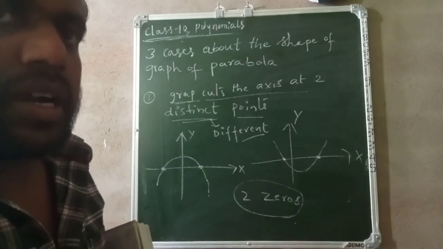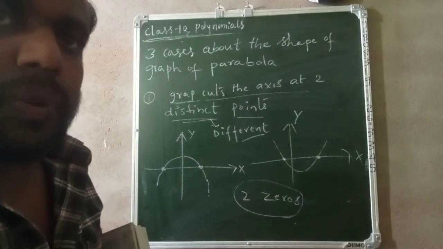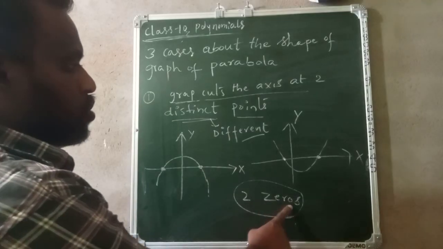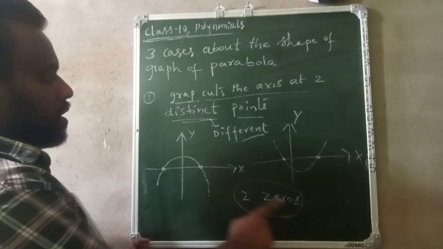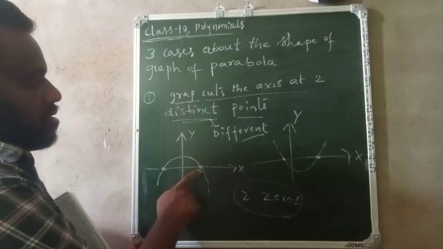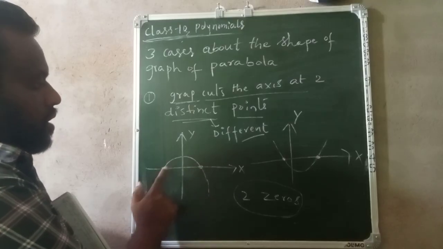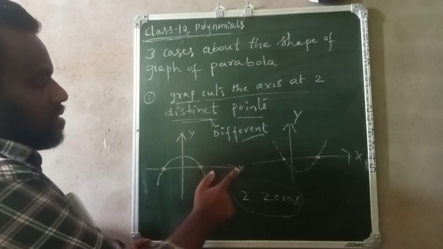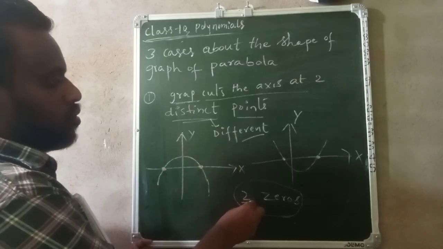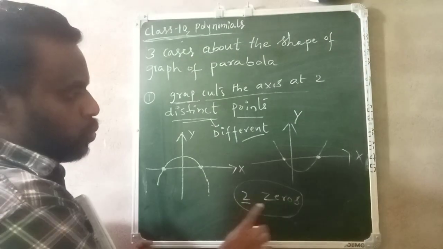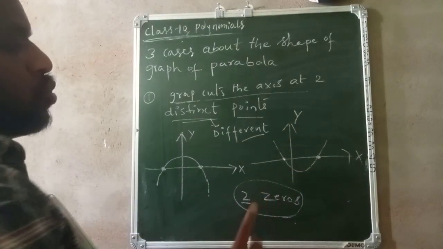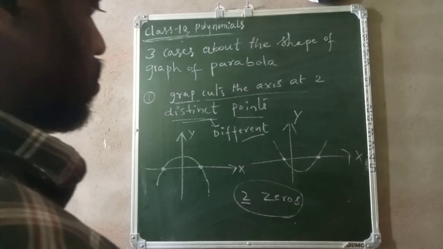If a curve cuts the x-axis at two different points, then that function has two zeros. Why two zeros? Because it's cutting the x-axis at two different points. This is one point, this is another point. So two different points, two zeros. This has two zeros, even this has two zeros.